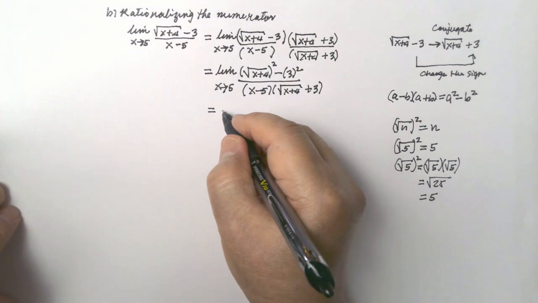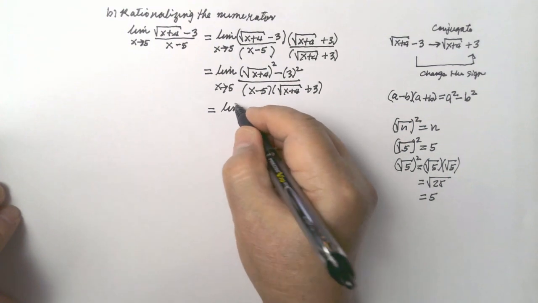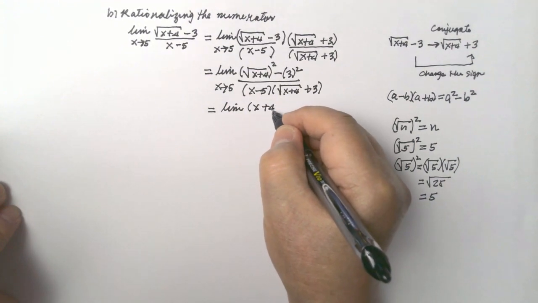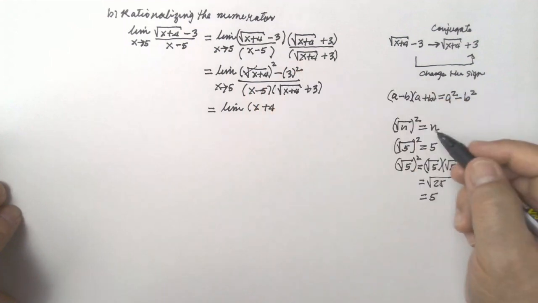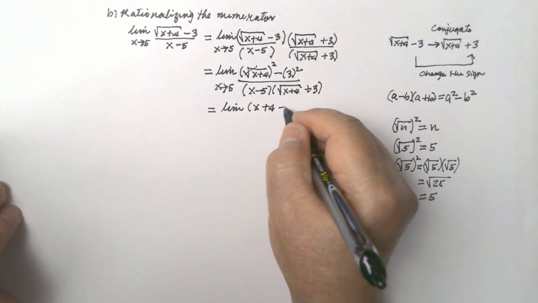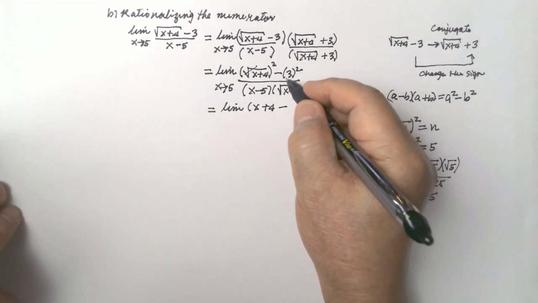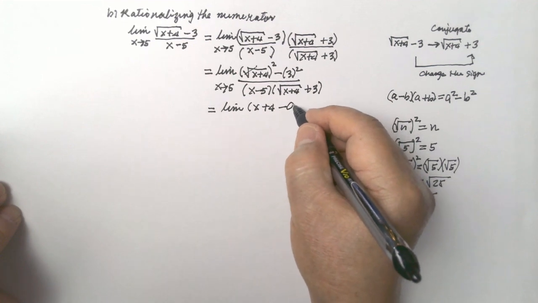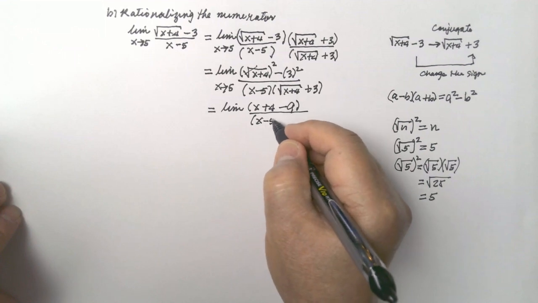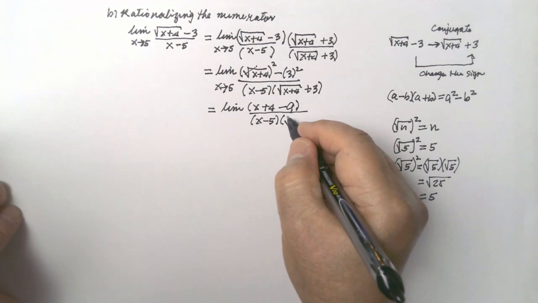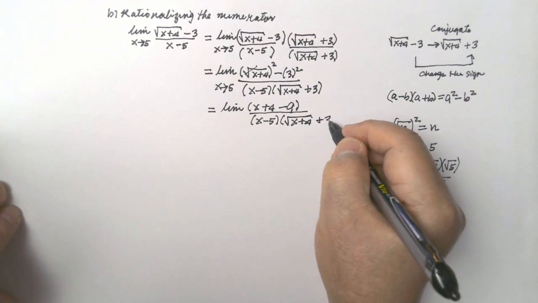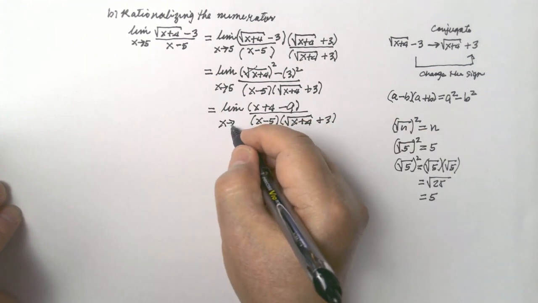So we have the limit of x plus 4. This will be cancelled just as this one here. Minus the square of 3 is 9 all over x minus 5 times the square root of x plus 4 plus 3 as x approaches 5.